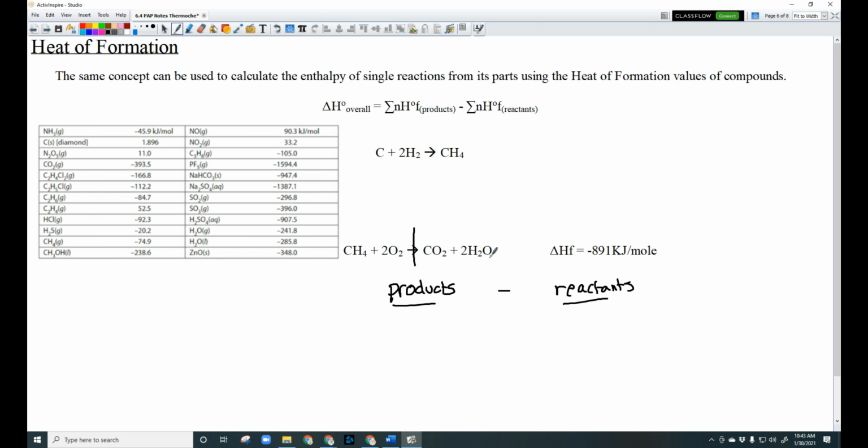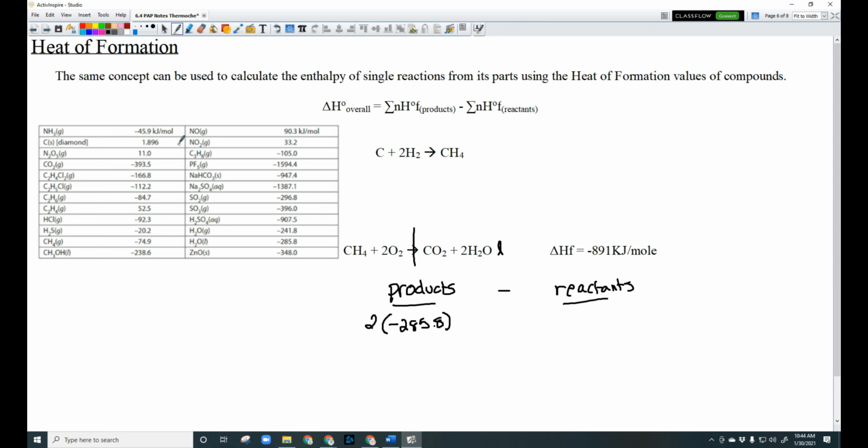So H2O. Okay, so I'm going to come over here and let's say this is liquid H2O. So H2O liquid right here, negative 285.8. Okay. Now I'm going to multiply that by the number of moles, so that's going to be 2. Okay, now carbon dioxide.